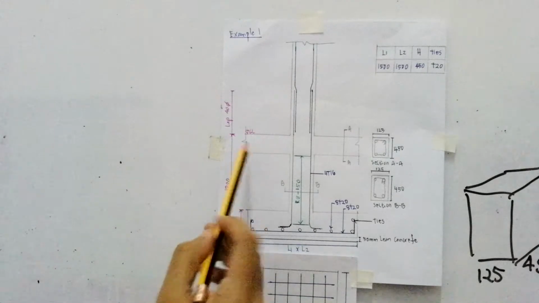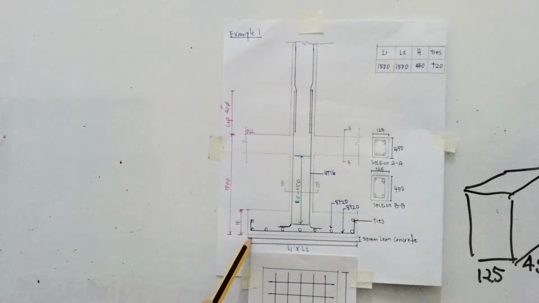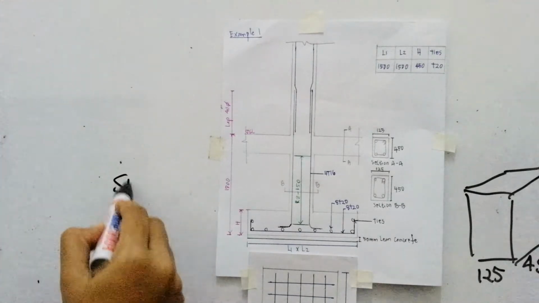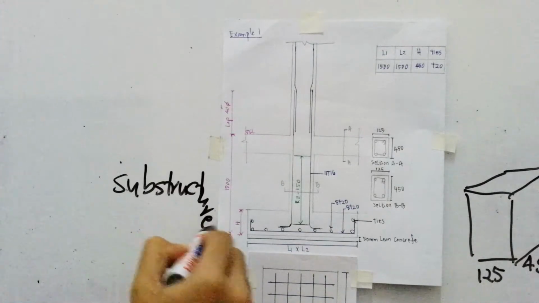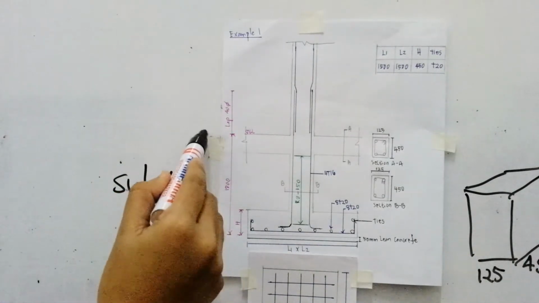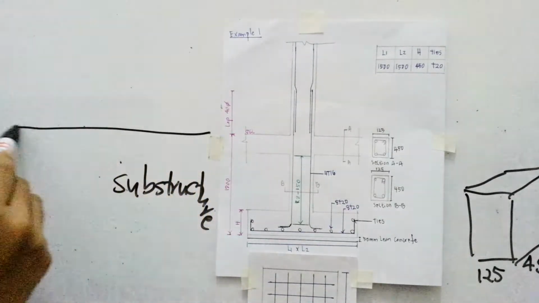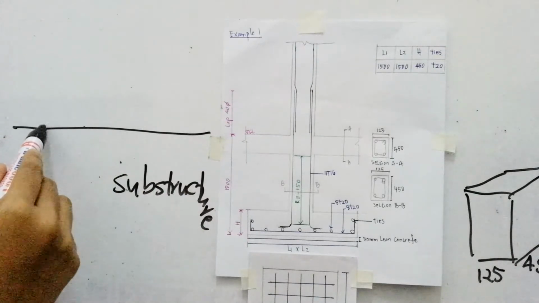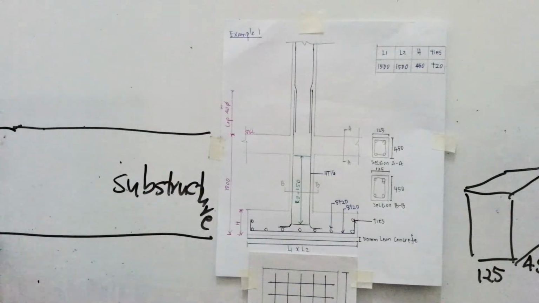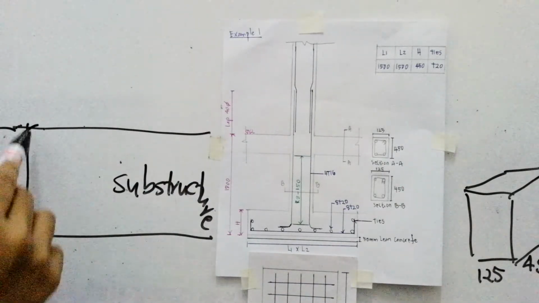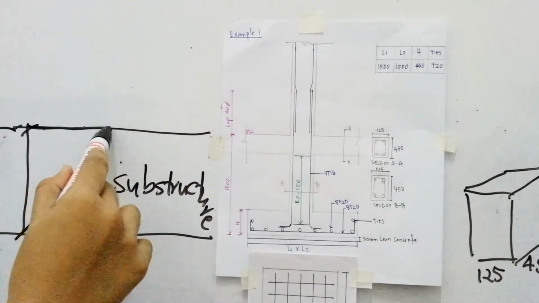We know that the foundation is a substructure. When we talk about substructure, it is located under the ground level. So you need to prepare the space. You need to do excavation works.